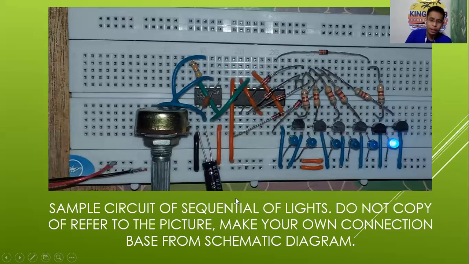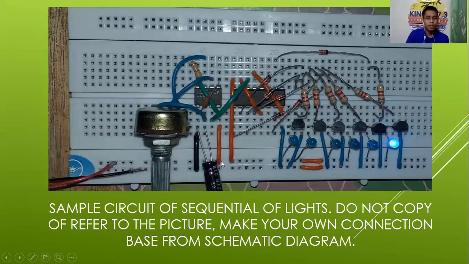Supplyan naman natin si positive. Si 555 daw ay pin 8 and pin 4 are connected to positive. So, naglagay ako ng jumper. Pin 8 going to pin 4, and then kinonect ko si pin 4 sa positive line.